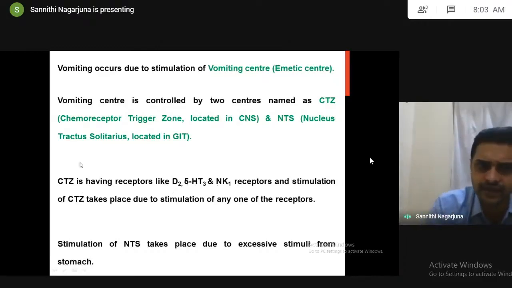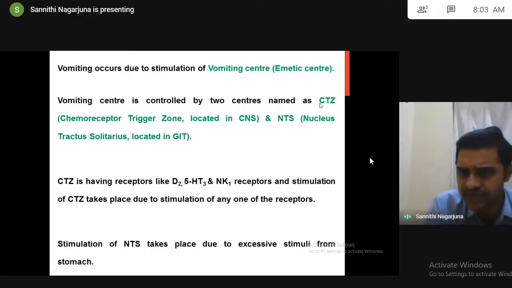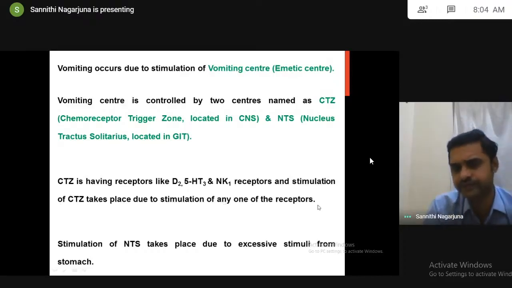Vomiting is because of stimulation of the vomiting center, which is stimulated due to stimulation of CTZ or due to stimulation of NTS. And the CTZ has the receptors D2, 5-HT3, and NK1, so the stimulation of this CTZ takes place because of the stimulation of any of these receptors.